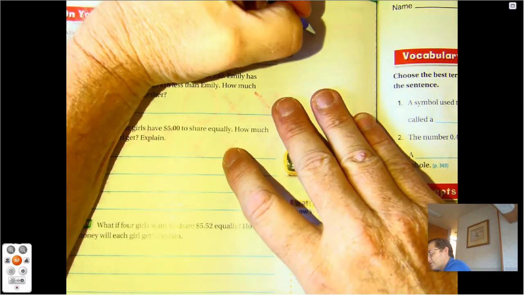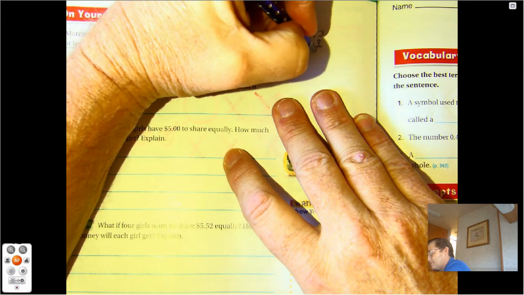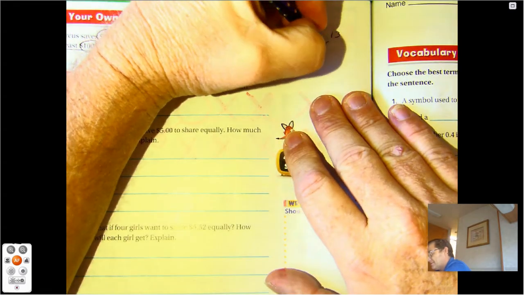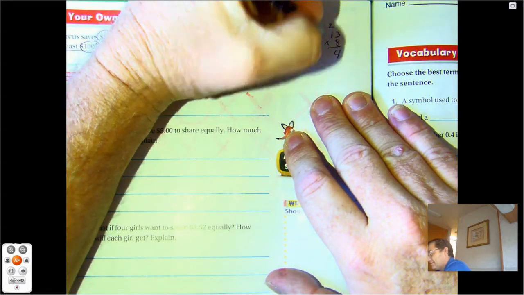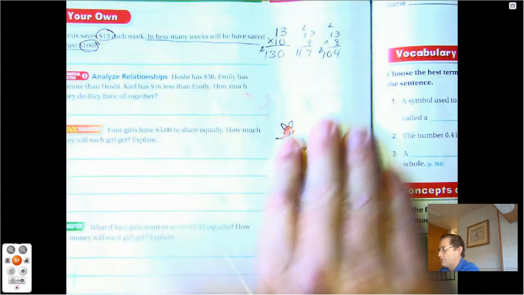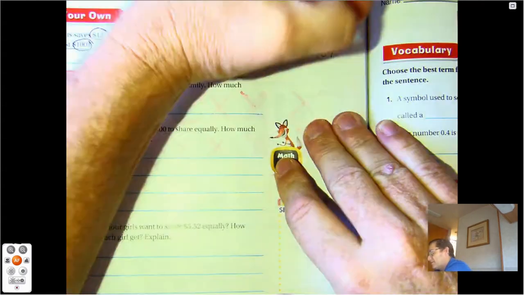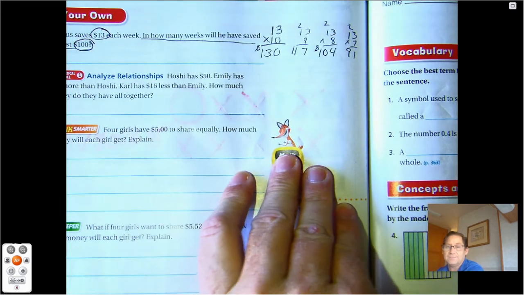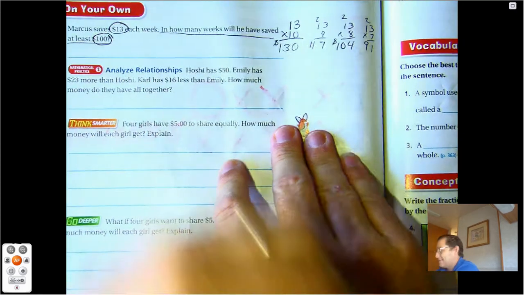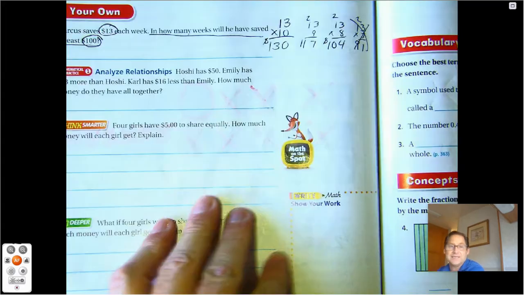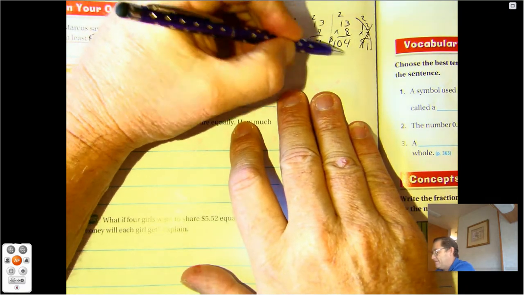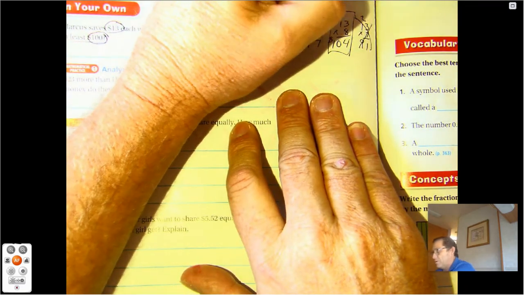How about 13 times 9? That's 117. 13 times 8. That's 104. 13 times 7. 91. All right. So it's not 7 weeks because that's not at least 100. So the smallest amount would be right here at $104.